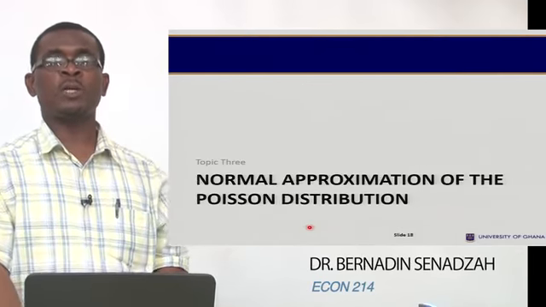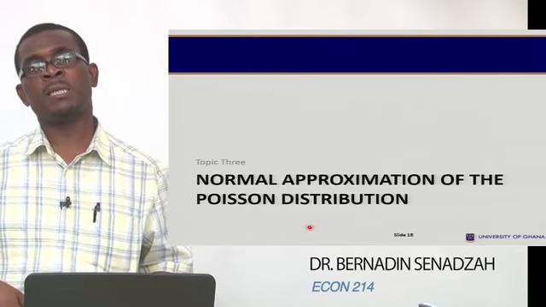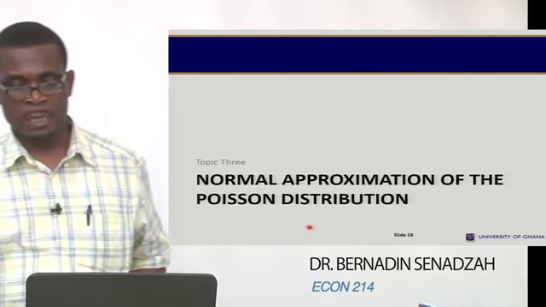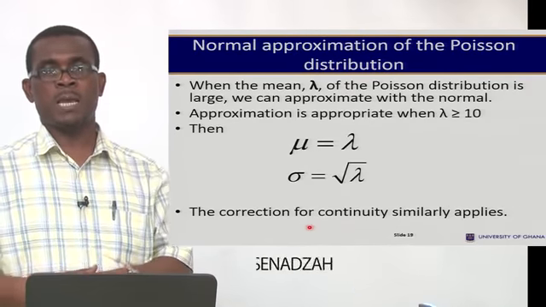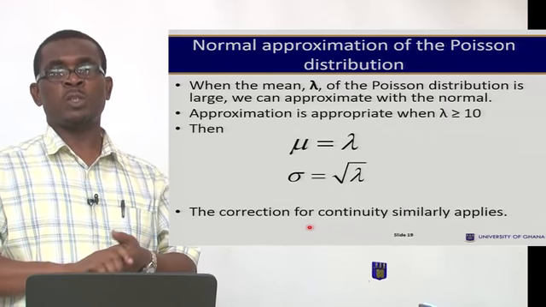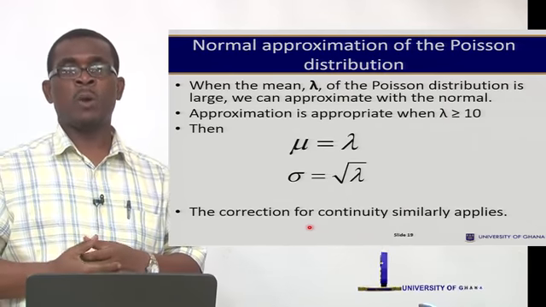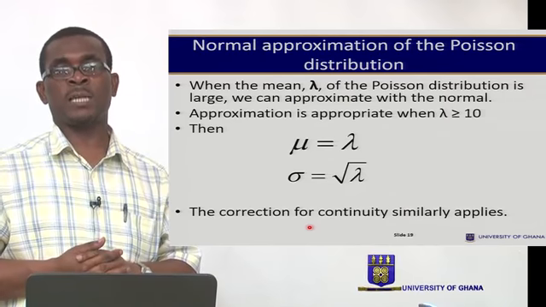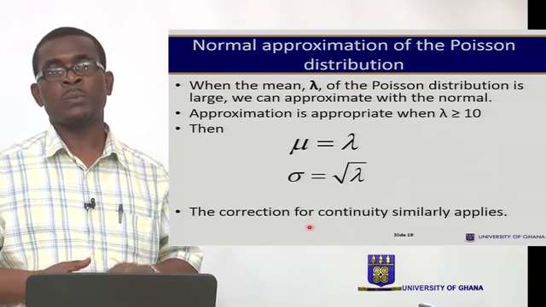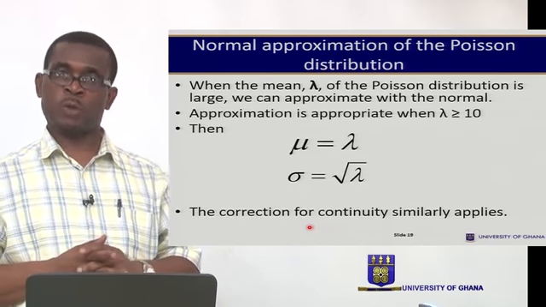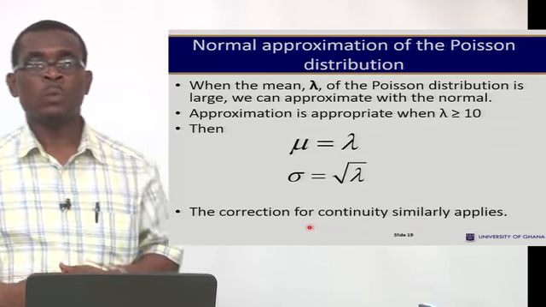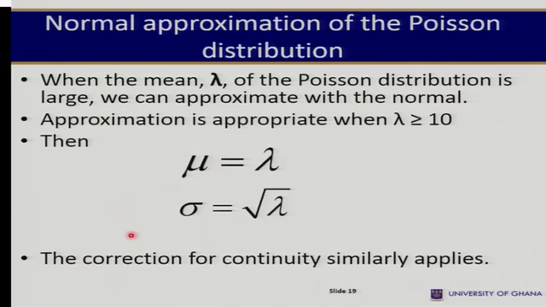The next is to also look at how we can approximate the Poisson using the normal distribution. Now, what is the condition? When the mean of the Poisson distribution is large, where we are assuming that it is greater than or equal to 10, then the normal can be used to approximate the Poisson. And we need the mean for the normal, and the mean is just equal to the mean of the Poisson.